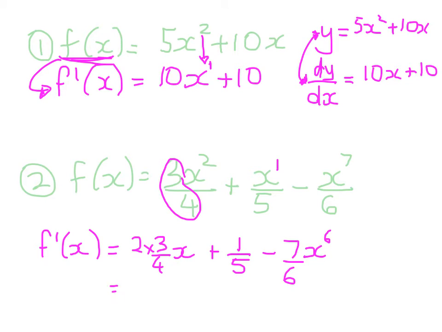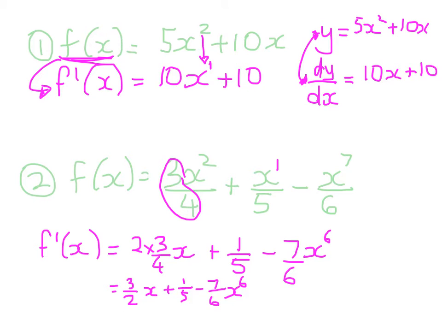So we need to clean that up. We get 6 over 4, which is the same as 3 over 2 x, plus 1/5, minus 7/6 of x to the power of 6.